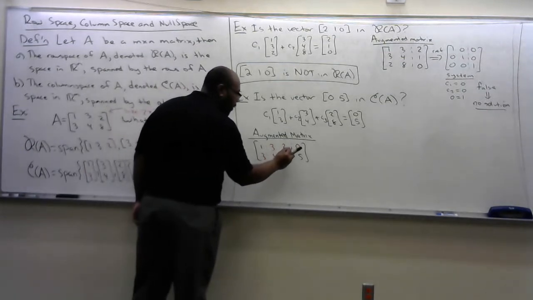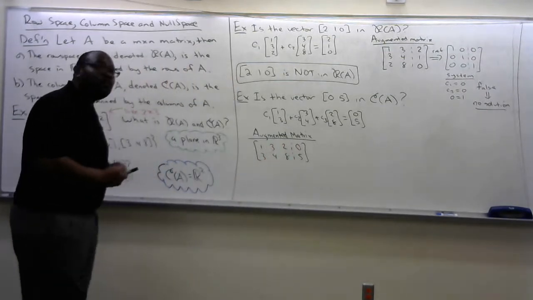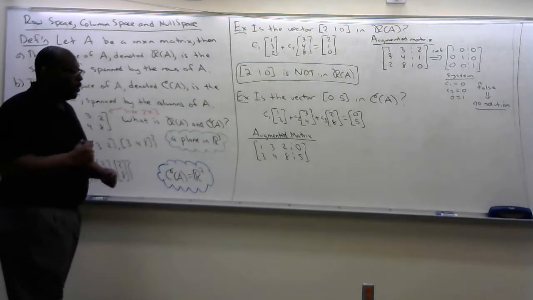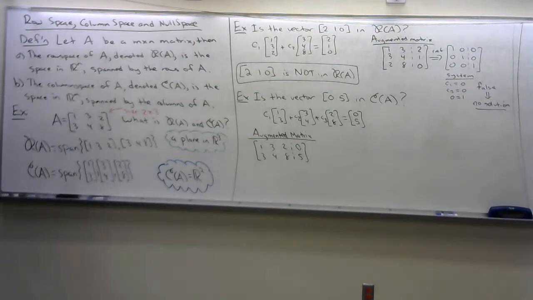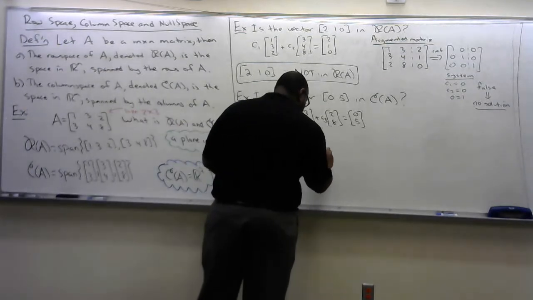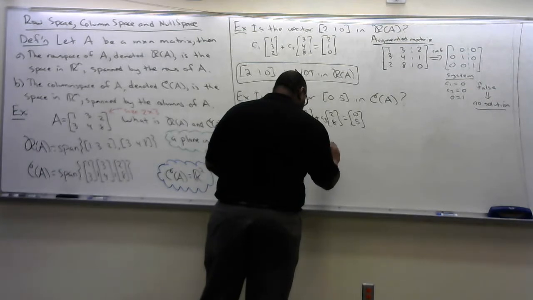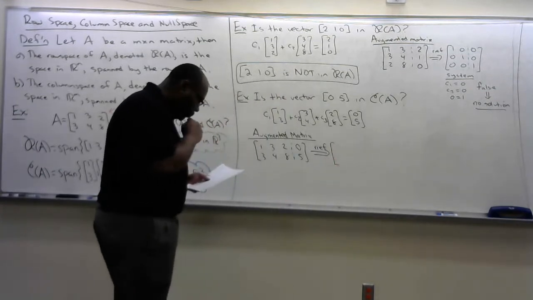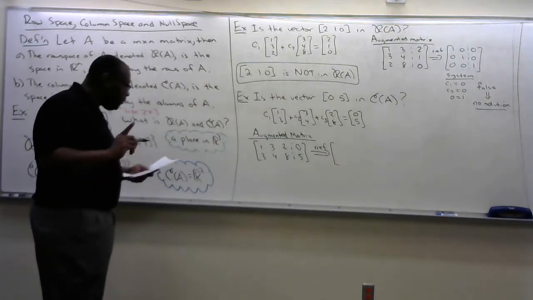So I got here. Now, what is the reduced row echelon form of this? The reduced row echelon form of this, if I did it correctly, is this.